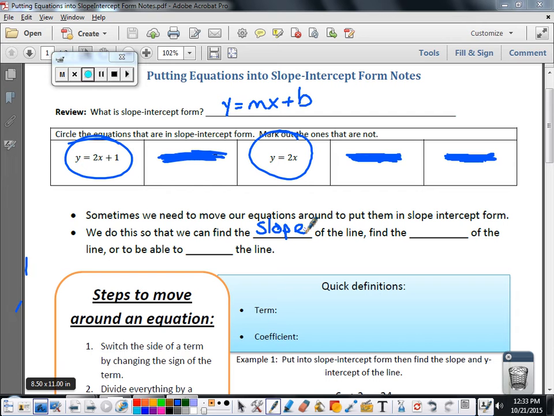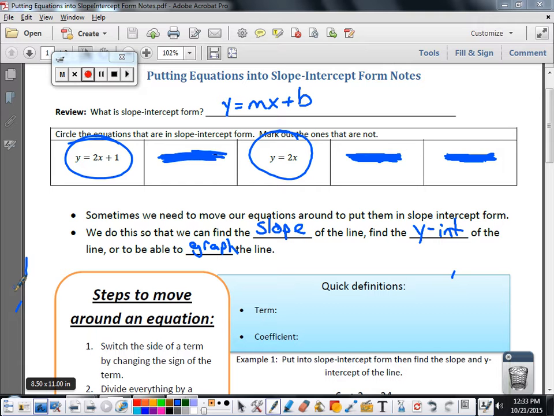Tell me. Y-intercept. That's right. The y-intercept. Very good. Or to be able to blank the line. Graph. You guys agree? All right.